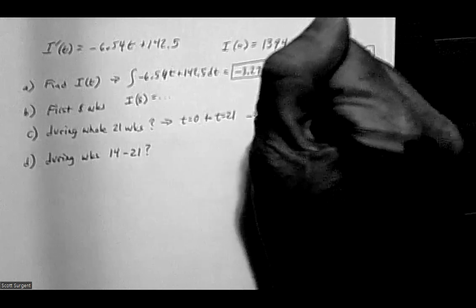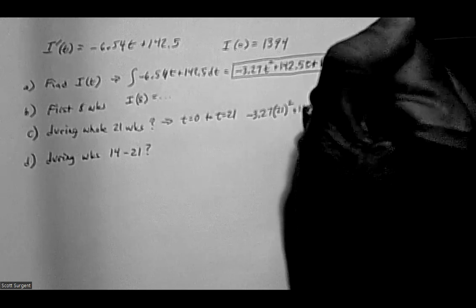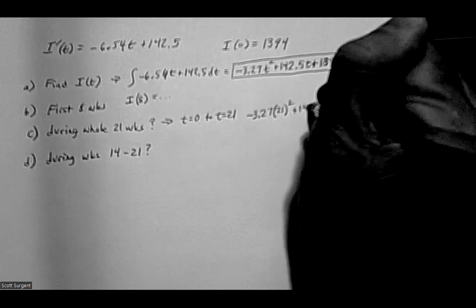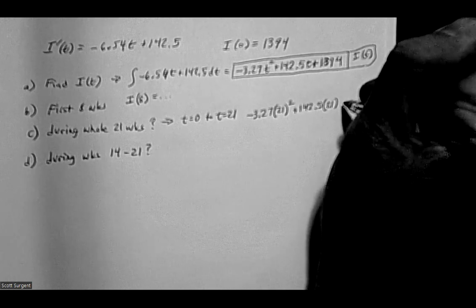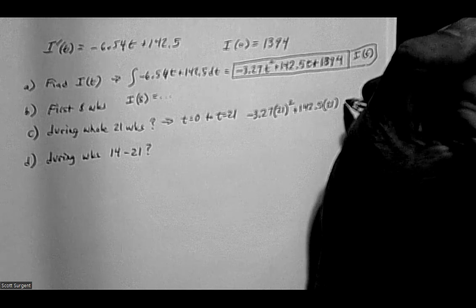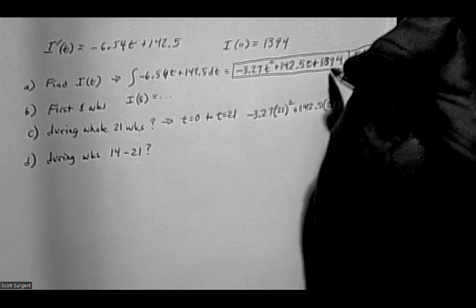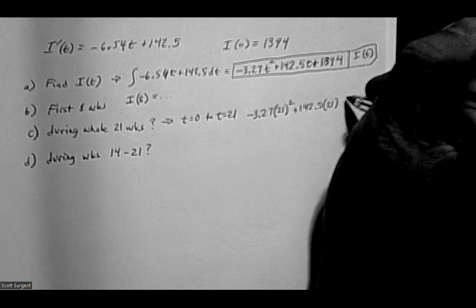So if I do 3.27 and then 21 squared plus 142.5 times 21. And here's the interesting thing: when I put in the 0, the constant's actually going to cancel out. I'll show it to you.